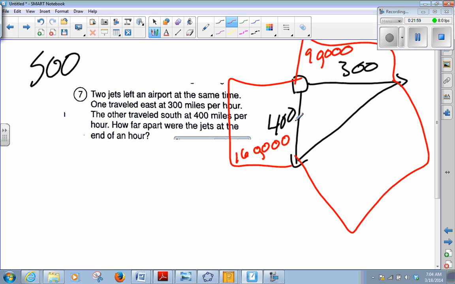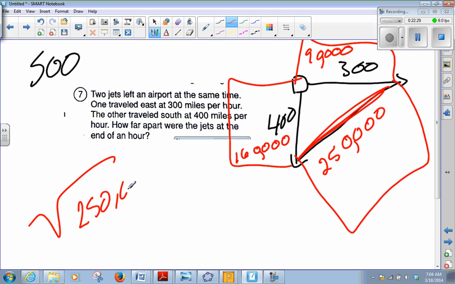So if we do 160,000 plus 90,000, that gives us c squared, which is 250,000. Well, that tells us the area of the square. Doesn't tell us how long just this one side is. So we got to square root it. So the square root of 250,000 is 500. So they're 500 miles away.